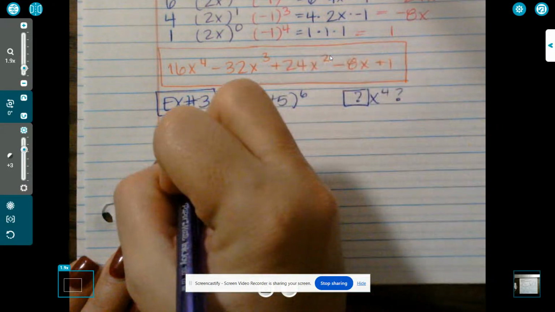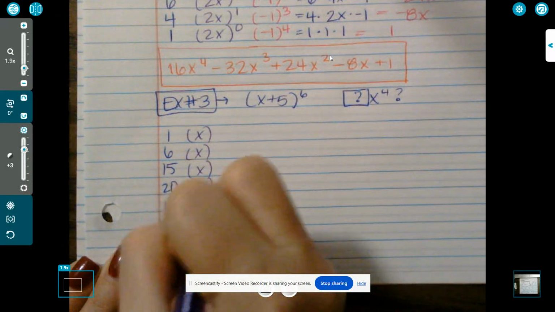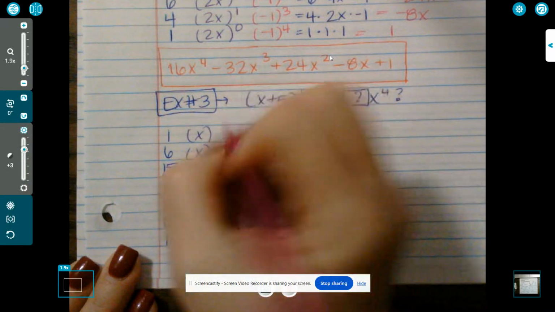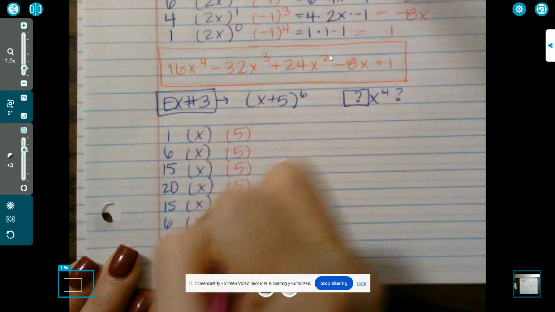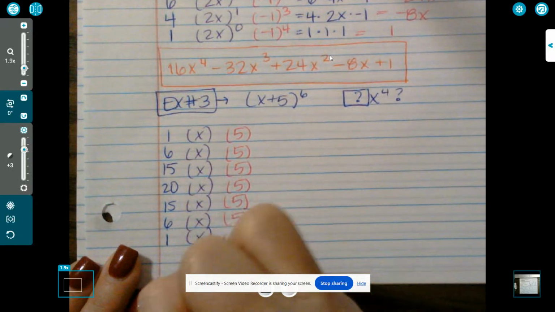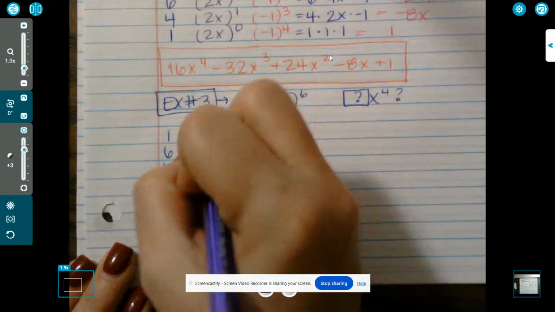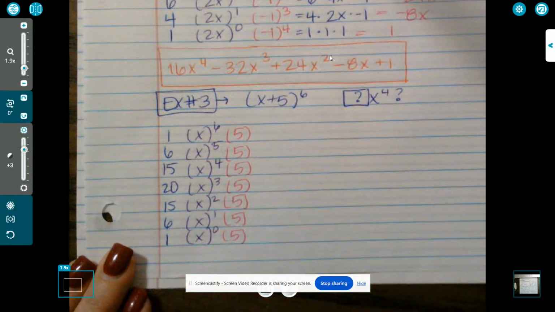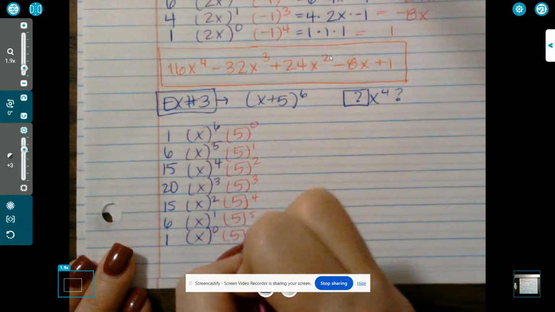Our A is x. Our B is 5. And then my exponents again, we're going to start with 6, 5, 4, 3, 2, 1, 0, and 0, 1, 2, 3, 4, 5, 6.